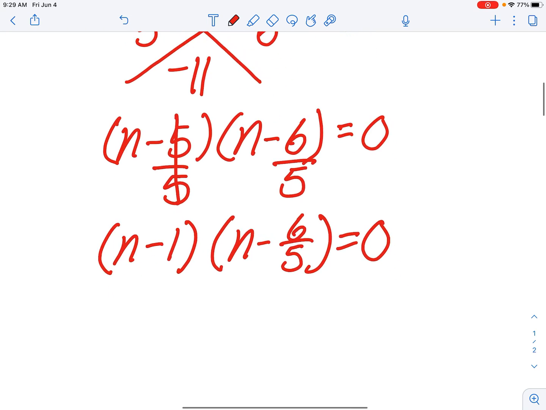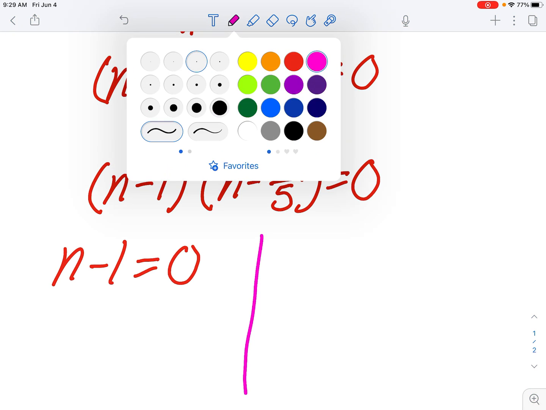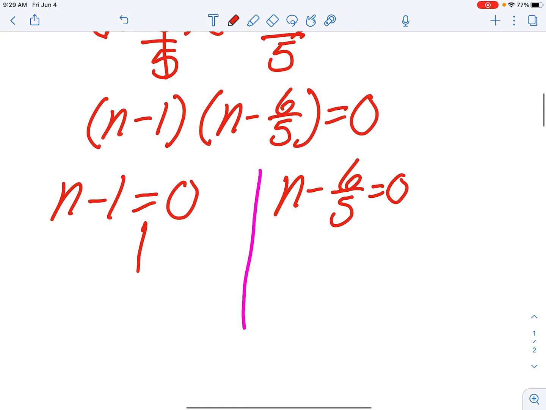Just like the first example, everybody, we're going to set each one of these parentheses equals 0. So we're going to say n minus 1 equals 0, and n minus 6 over 5 equals 0.